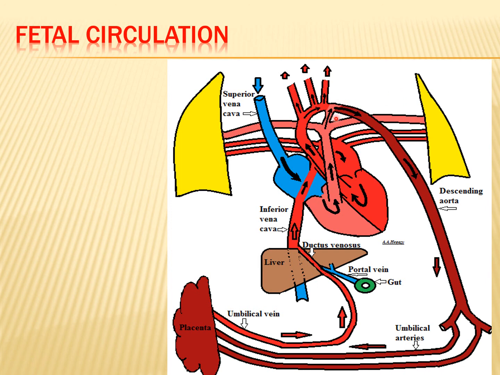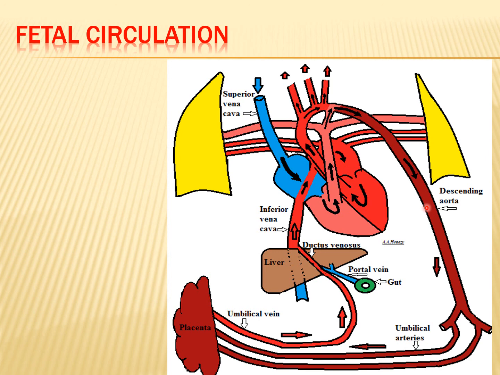So this duct takes the blood from the pulmonary trunk to the descending aorta. As we see, the descending aorta supplying the lower half of the body carries mixed blood, oxygenated and non-oxygenated.